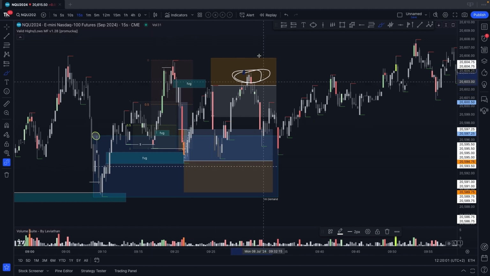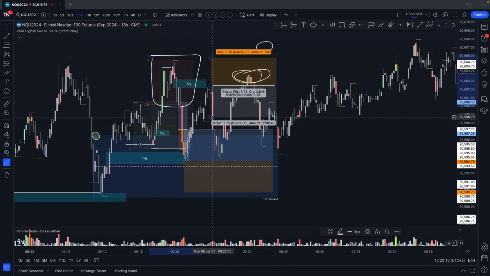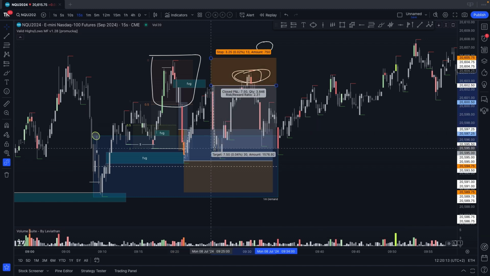Here not, because this zone is not valid anymore. Take profit 1 to 1, 1 to 1.5, or the low of the previous range.